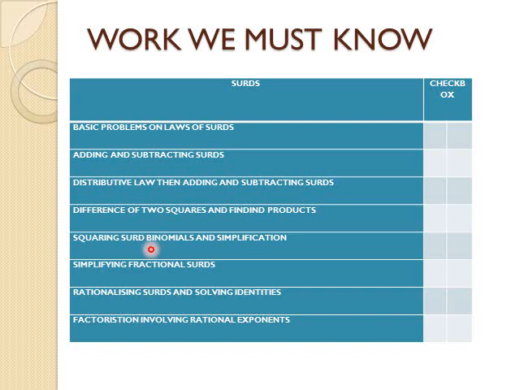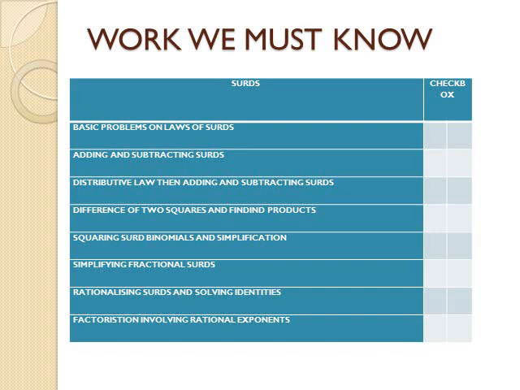We have surds where we have to find binomials, squaring a binomial. We have surds given as fractions that we have to solve. Rationalizing surds and solving identities are generally asked. And then we're going to have the more complex factorization involving rational exponents. Right, so without further ado, let's look at the laws.